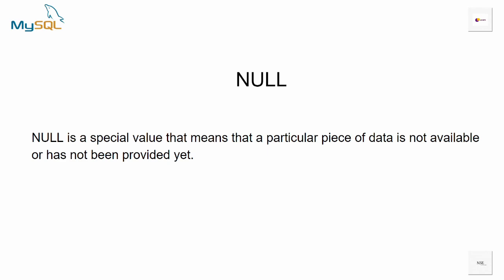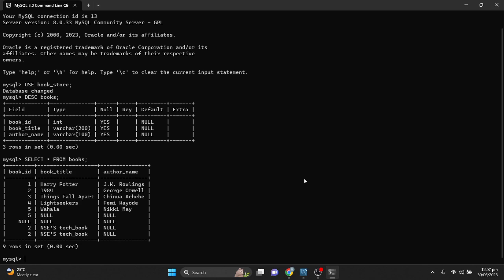It is simply a way to say we don't know, or there is no value for a specific field. Going by what we have just said about null, these three fields can be left without a value. I mean, while inserting data in the books table, you could decide to enter values for these three fields, or you could as well decide not to enter values for them.